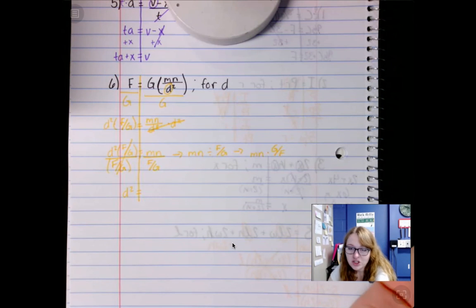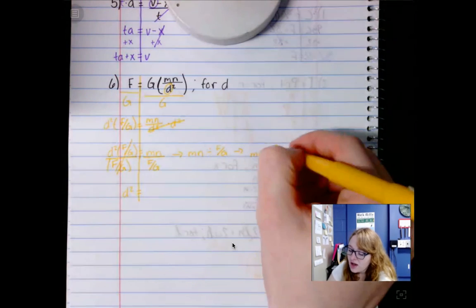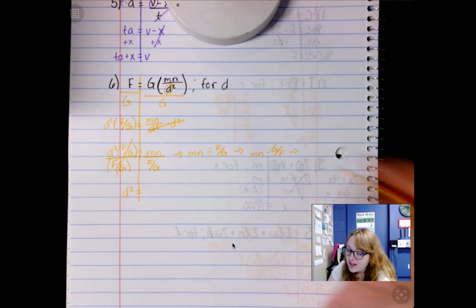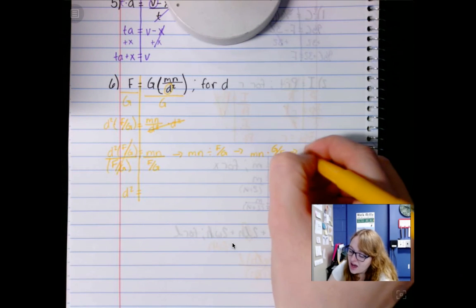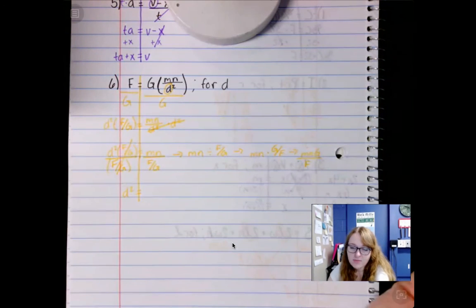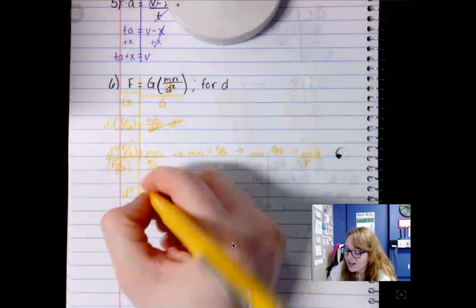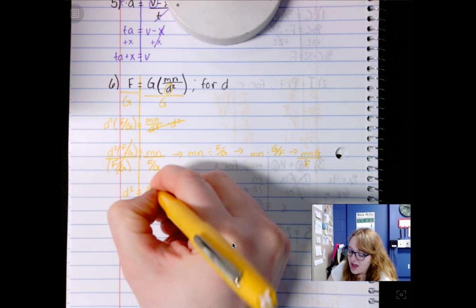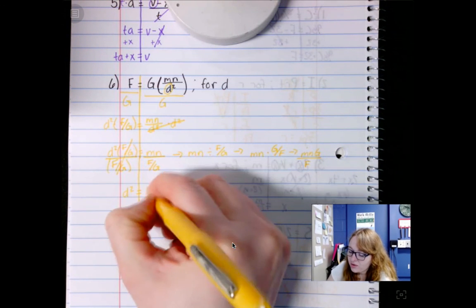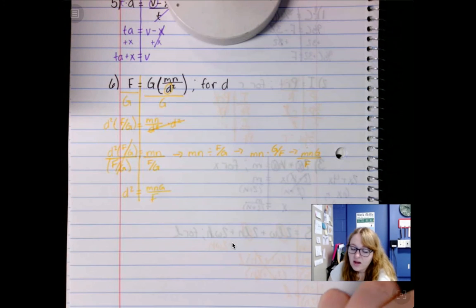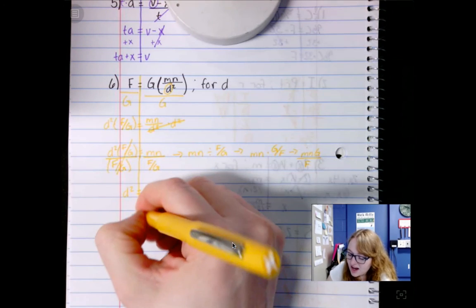So we flip that fraction and change it to multiplication. And if you want to be really fancy, we could say mng all divided by f and make it one singular fraction. I'm going to put that down here. mng all over f.